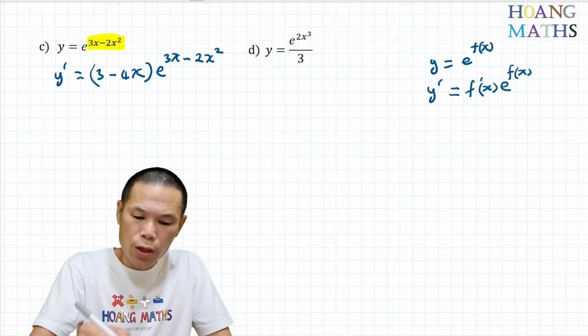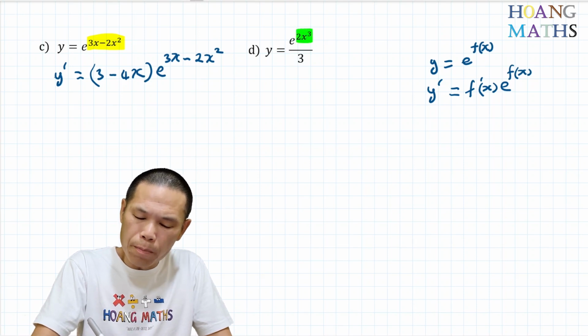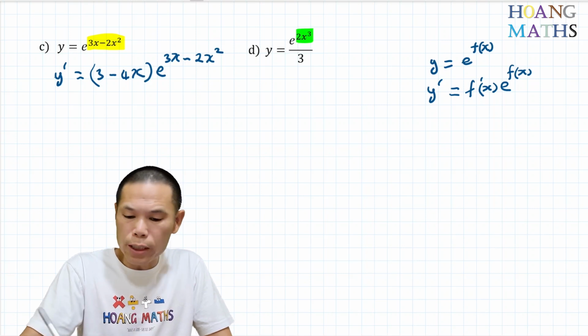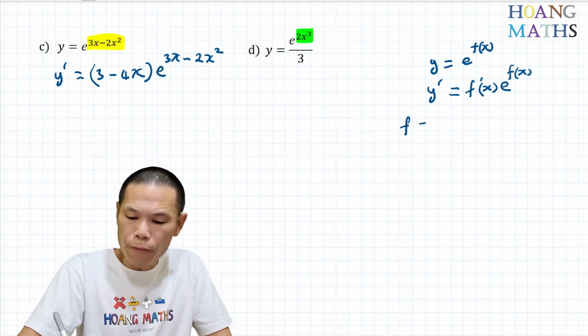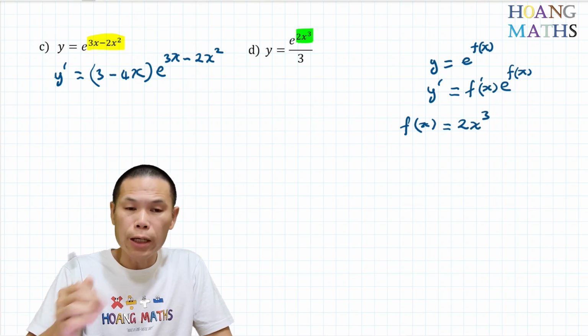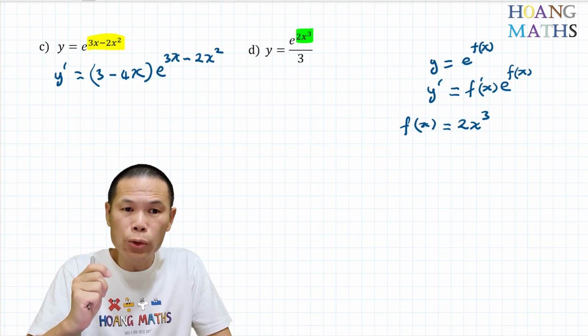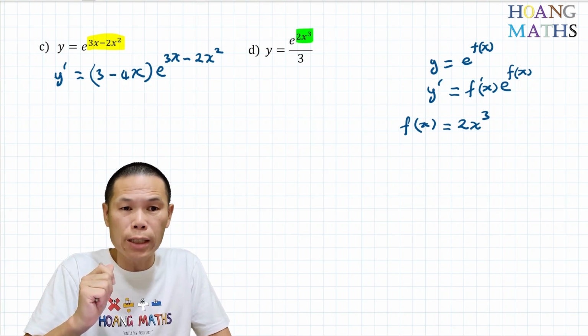First of all, we differentiate the power, that is f(x). So f(x) is equal to 2x to the power of 3. We differentiate that. The 3 comes down, so 3 times 2 is 6, and 3 minus 1 is 2.